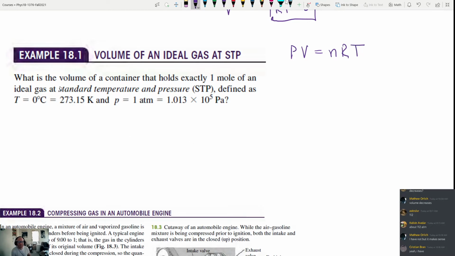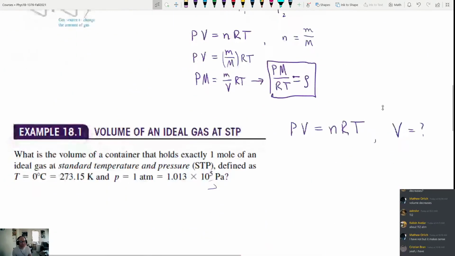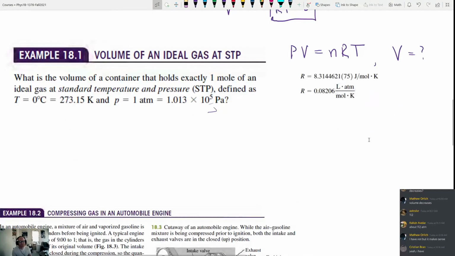What is the volume of a container that holds exactly 1 mole of an ideal gas at standard temperature and pressure? Standard temperature and pressure is defined as temperature is equal to 0 degrees Celsius, pressure is 1 atmosphere, which is that. So the question is, what is the volume? So we're finding volume here. And let me grab the 2 versions of these, copy, paste, so you have that.